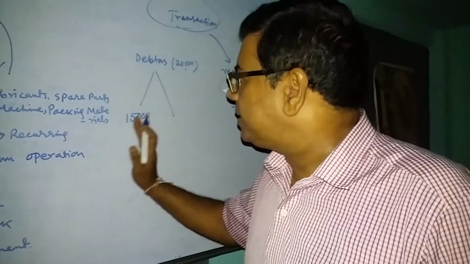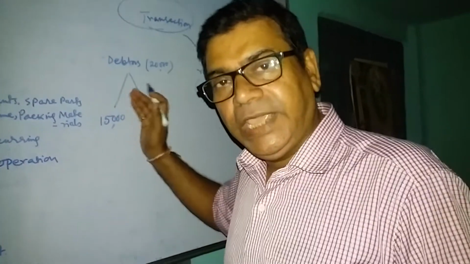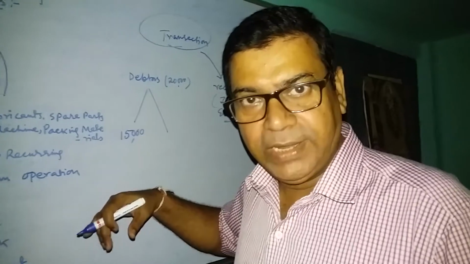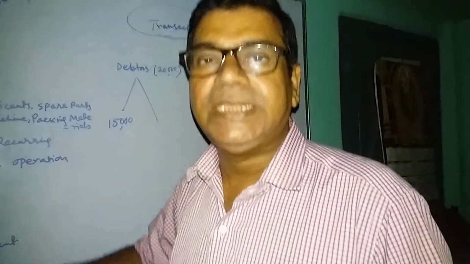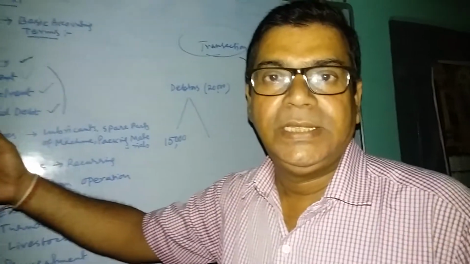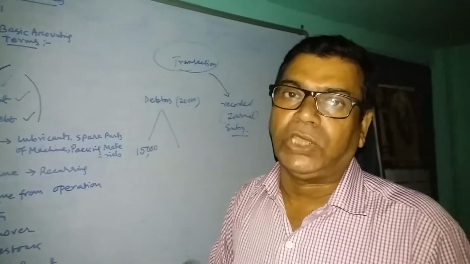So how much has he paid? 15,000. So if my business is able to pay money, then my business is called solvent.